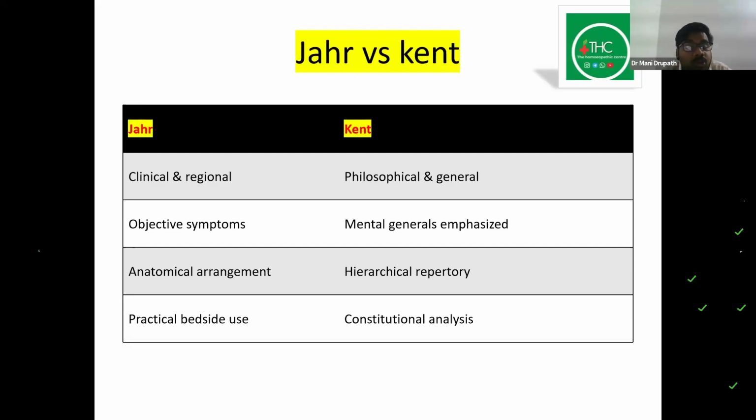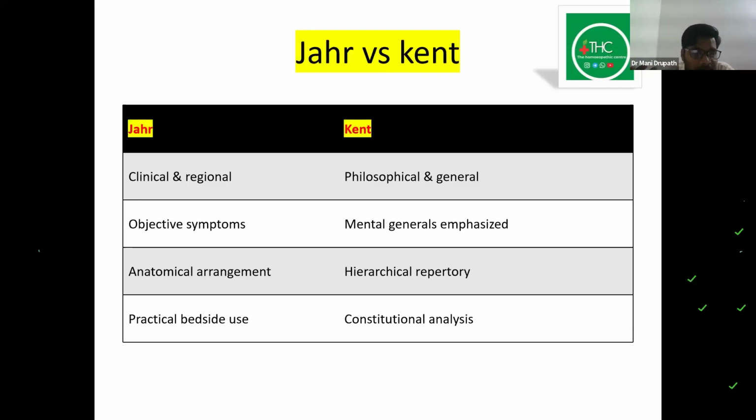The same is in Jhar, but Jhar is in a repertorial way, very clinical and very regional. Even in his books, for headaches he gives n number of remedies, and for skin or abscess he gives n number of remedies, with the experience he gained through the remedies in cases as well.